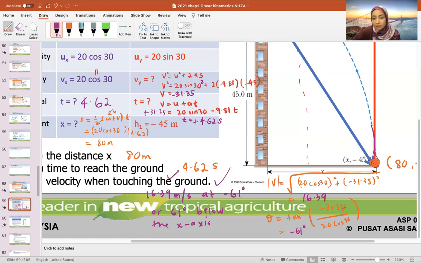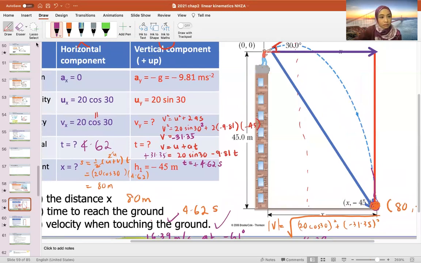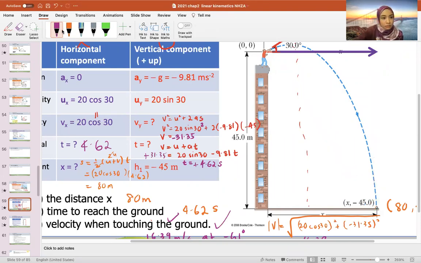It means that, where is the picture from earlier? Let's remove all these pictures for a moment. So this is the velocity vector. If I resolve it, it should be like this, right? Vx, Vy.